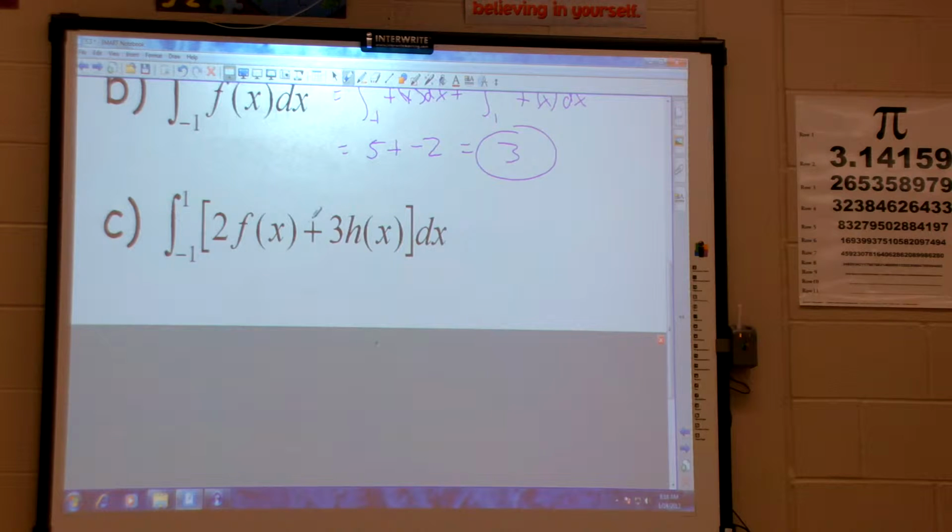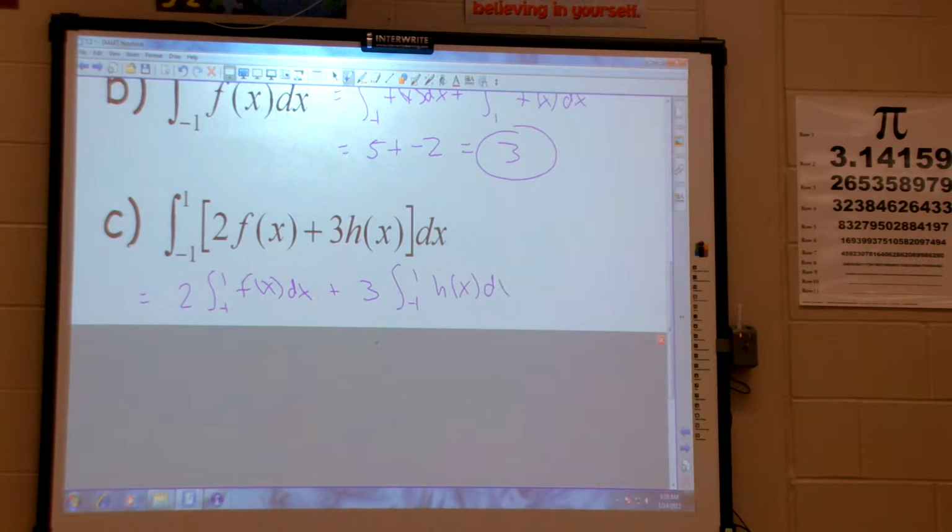I know that if I have addition, I can split it up into two integrals, correct? Yes. I also know I can take constants out. So this is the same thing as 2 times the integral from -1 to 1 of f of x dx plus 3 times the integral from -1 to 1 of h of x dx. So I used two properties there. I broke it up and I took my constants out.